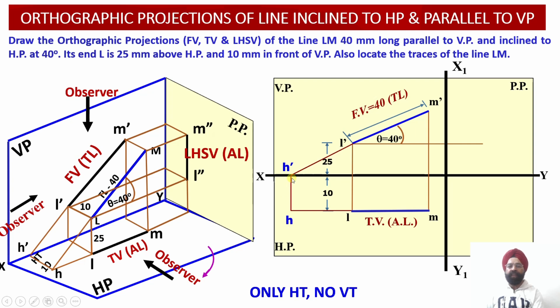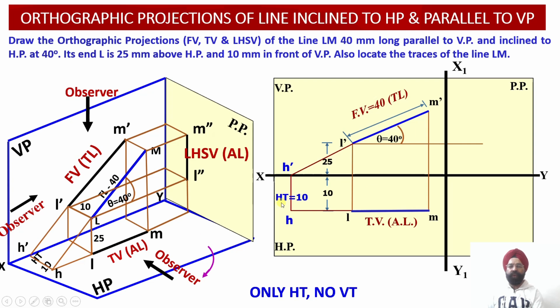And now the perpendicular distance between this point of intersection of the line with the horizontal plane and the XY reference line will give us the measurement of the horizontal trace of this line. Here, once we measure this distance H dash H, we find that the horizontal trace of this line LM is equal to 10 millimeter.